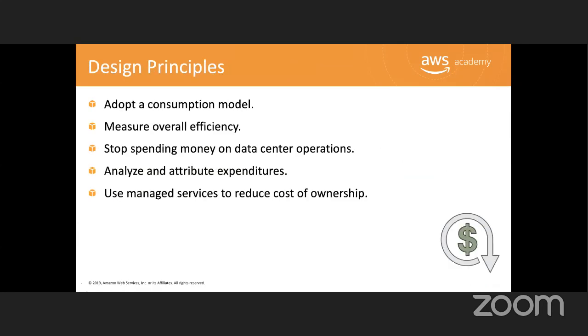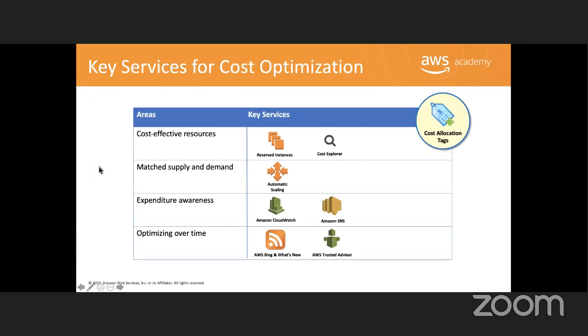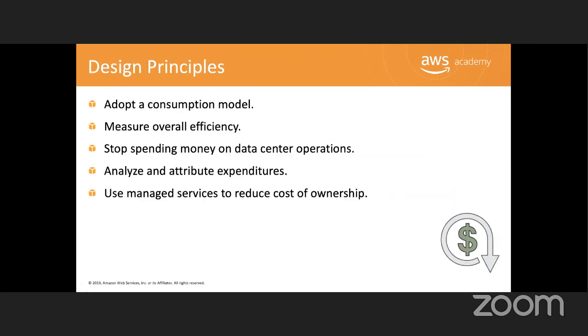So, design principles. You have to adopt a consumption model, so you can pay only for the computing resources that you consume, and increase or decrease usage depending on business requirements. So it all comes down to the business, right? What the business requires. So you're not gonna use elaborate forecasting. It's gonna be projected.